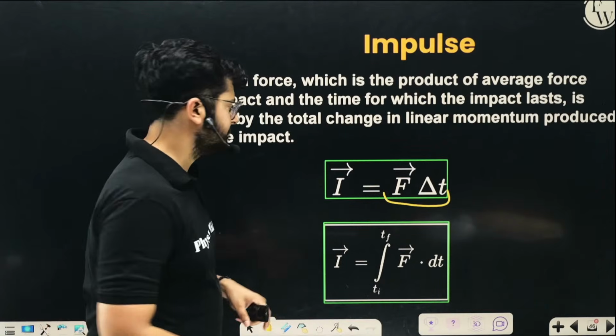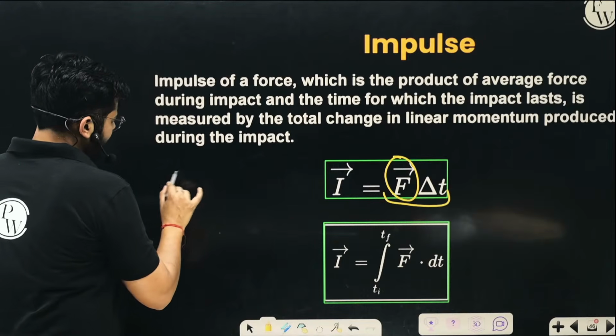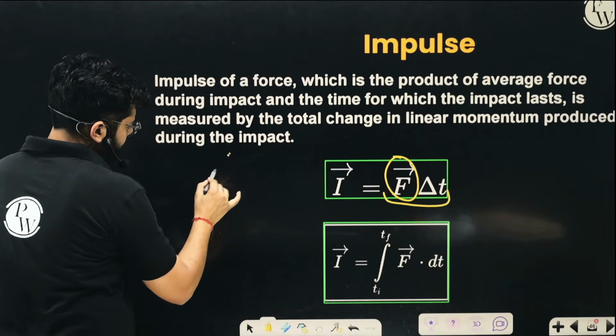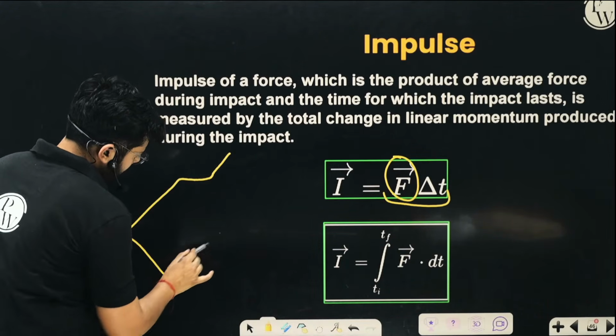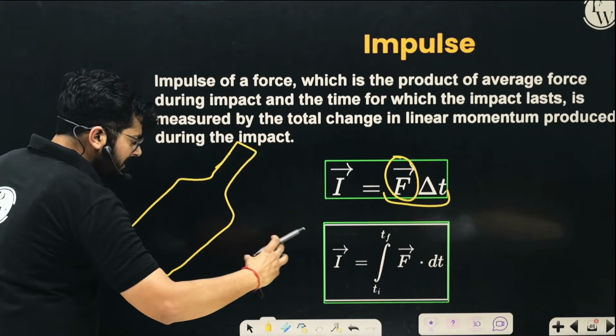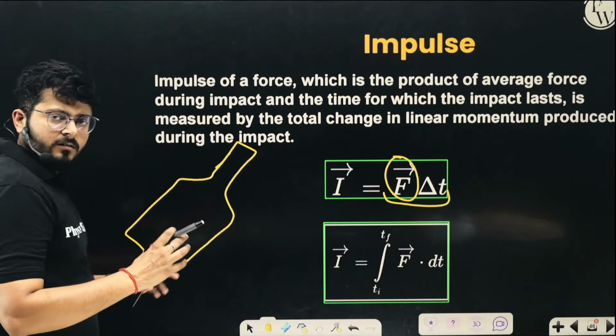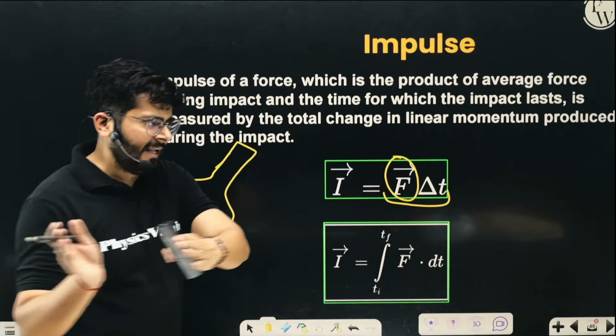My dear kids, what is this force? Focus on this value. Let's say that this is the bat. I'm drawing a very large bat, right? When the ball is making contact with that bat, initially the force that you are applying is not maximum.